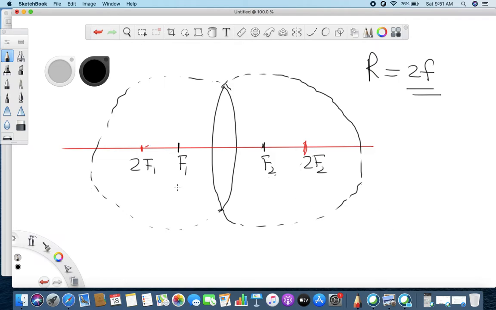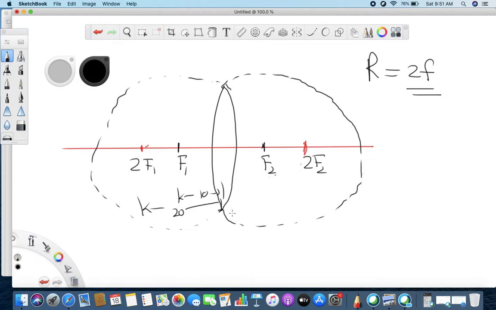So if your distance from here is 10 centimeter, this is always 20 centimeter. That is the reason instead of C1 C2, they write 2f1 2f2. So these are the points and the definitions work in the same way.